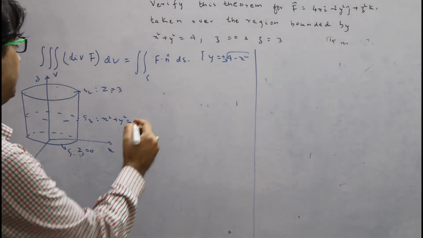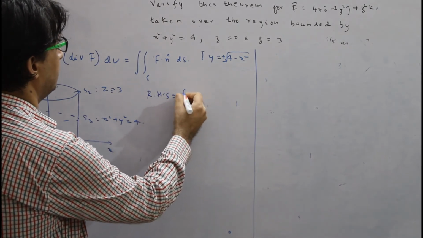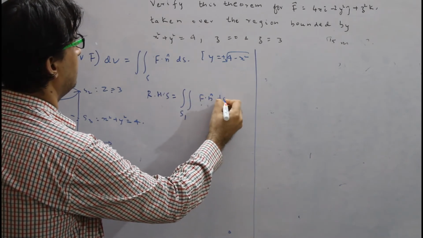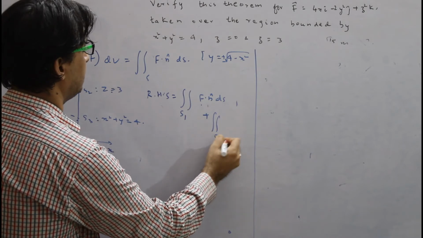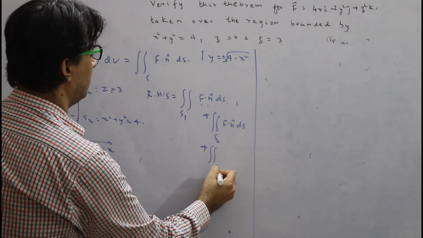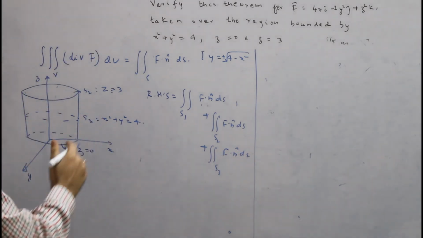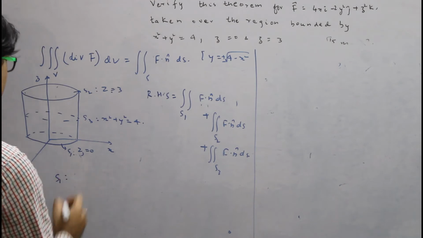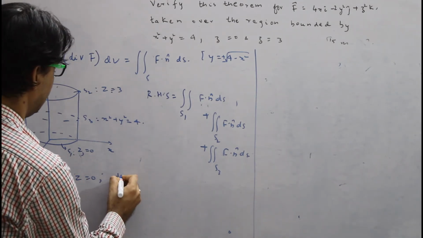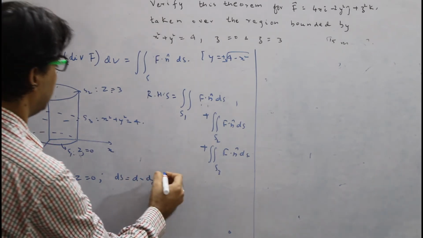So we will start with the RHS, as S1, then over S2, and finally over S3. Okay, so we start with S1. On S1 we see z is equal to 0, and our dS is dx dy. It's quite apparent, and this is the negative direction.